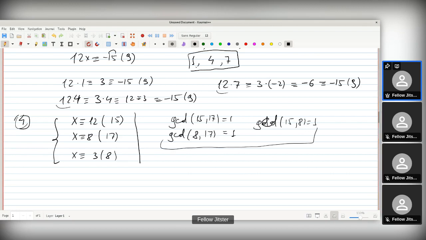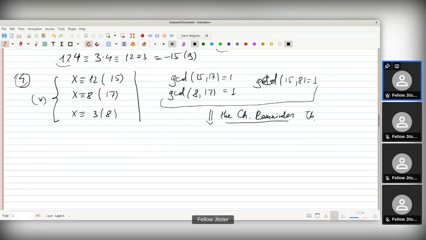So, according to the Chinese remainder theorem, this system has a unique solution.